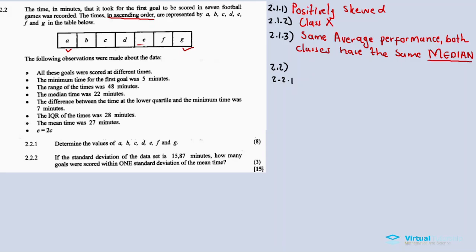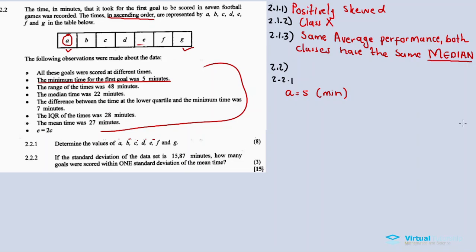The bullet points give us information that helps us calculate A, B, C, D, E, F, and G. So the first one is obvious: A is equal to 5 minutes, because the minimum time for the first goal was 5 minutes.